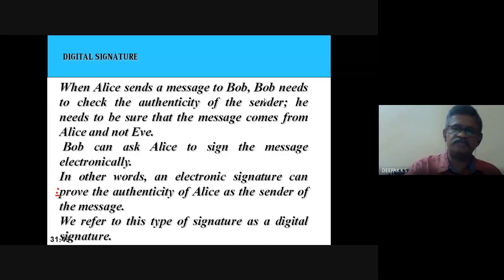Apart from that, we have the digital signature. Bob needs to check the authenticity of the sender. He needs to be sure that the message comes from Alice and not from a third person in between. So Bob can ask Alice to sign the message electronically. In other words, an electronic signature can prove the authenticity of Alice as the sender of the message. We refer to this type of signature as a digital signature.